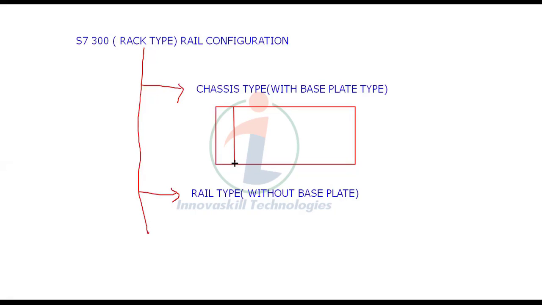There will be different empty portions like this, and these portions are called slots. These portions are used to fix the different modules we have there. There will be separate arrangements here for fixing the slots.